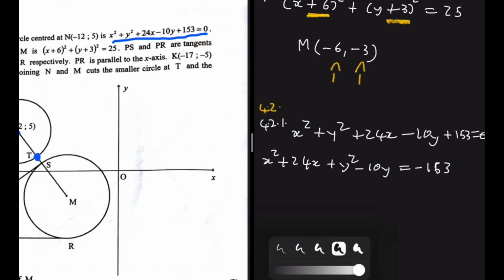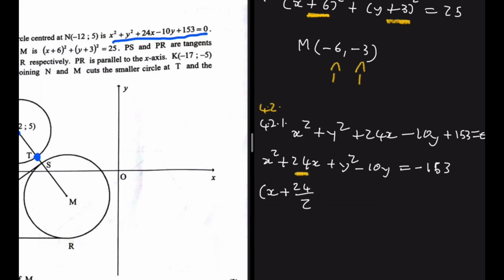So what you want to do here, you want to say x plus 24 divided by 2, 24 being the coefficient of x, right? And then we can square that. So you square that, and then we're going to have plus y, and then we have minus 10 divided by 2, the coefficient of y, and then we're supposed to square that, and all of that will be equal to minus 153, right?